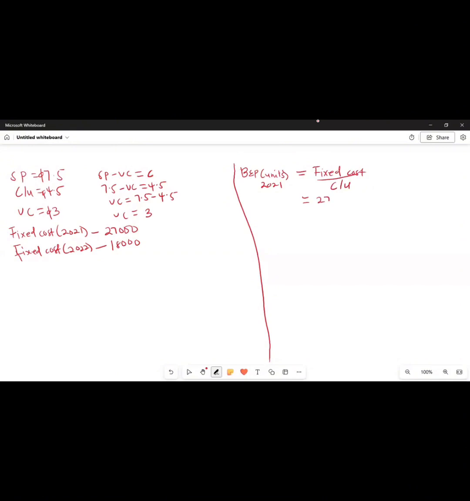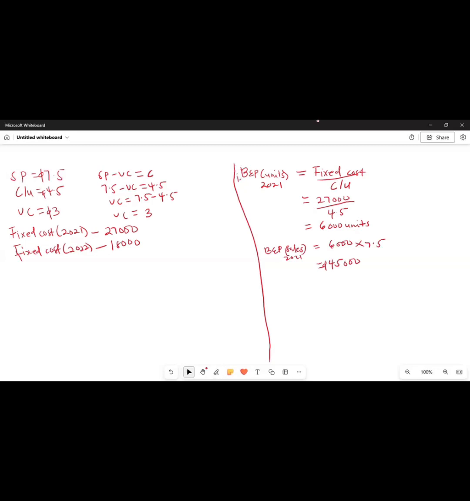Our fixed cost for 2021 is 27,000 divided by 4.5, and what you get is 6,000 units. Break even point in sales is the 6,000 units multiplied by the selling price per unit, which is 7.5. So 6,000 multiplied by 7.5 gives us 45,000.